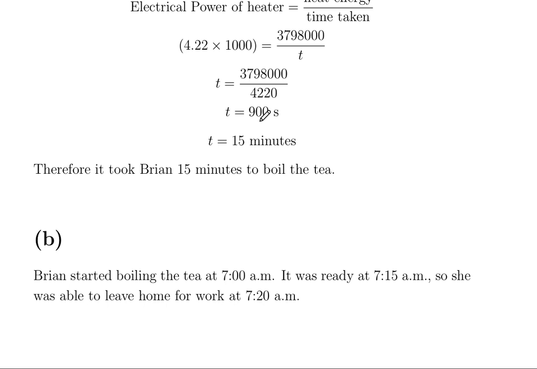We know that 1 minute is equivalent to 60 seconds, and therefore when you divide this value by 60 seconds, this leaves us with 15 minutes. Therefore it took Brian 15 minutes to boil the tea.